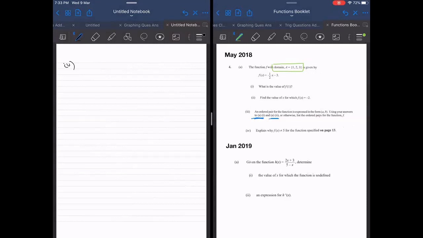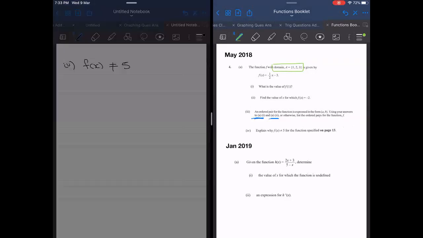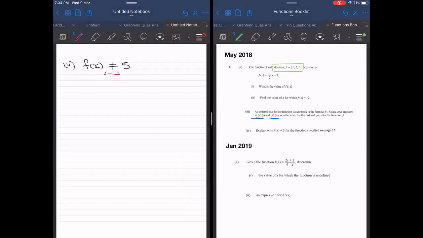So for part 4, hold on, I think I got the message. Okay. Then for part 4, it says explain why f of x cannot be 5, right? So what this means is not equal to.